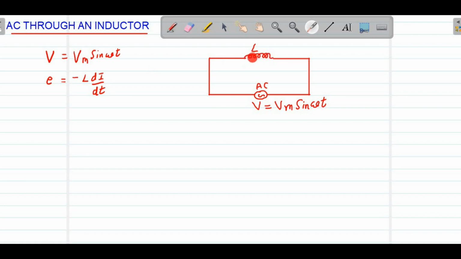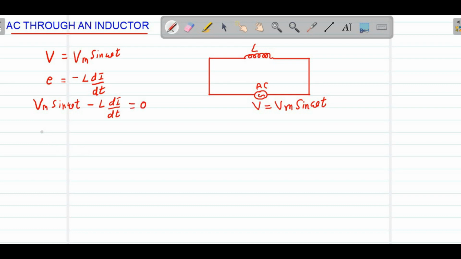It depends upon the number of turns, the area of the coil and also the material of the core used inside the coil. So when we apply Kirchhoff's rule for this closed loop, we can write the equation like this. The total voltage is Vm sin omega t plus minus L di by dt, and this algebraic sum should be 0.